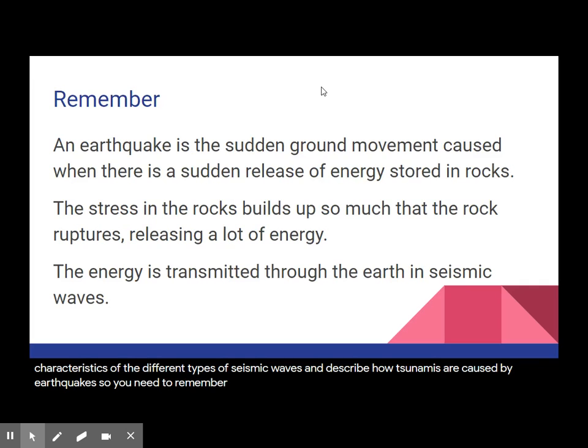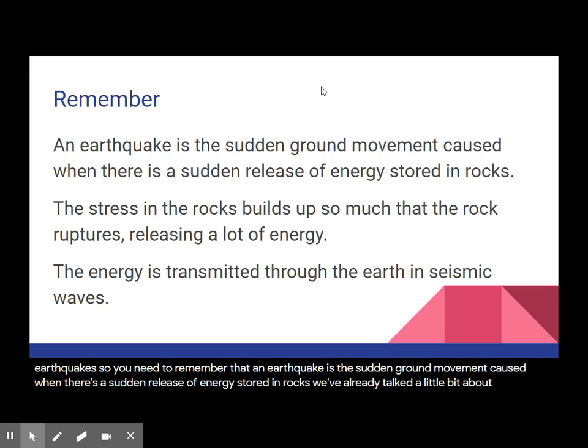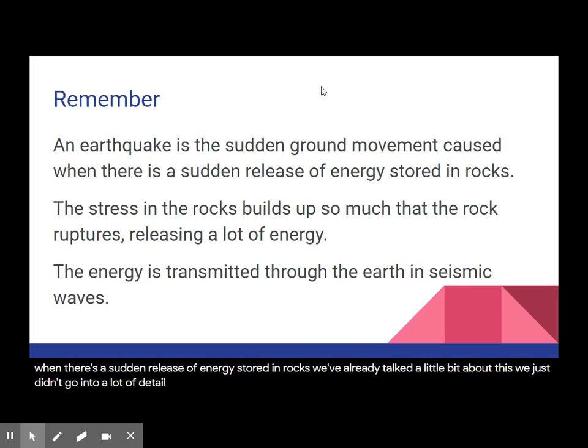So you need to remember that an earthquake is the sudden ground movement caused when there's a sudden release of energy stored in rocks. We've already talked a little bit about this, we just didn't go into a lot of detail. Remember, when the ground moves at those plate boundaries especially, that energy stores up.